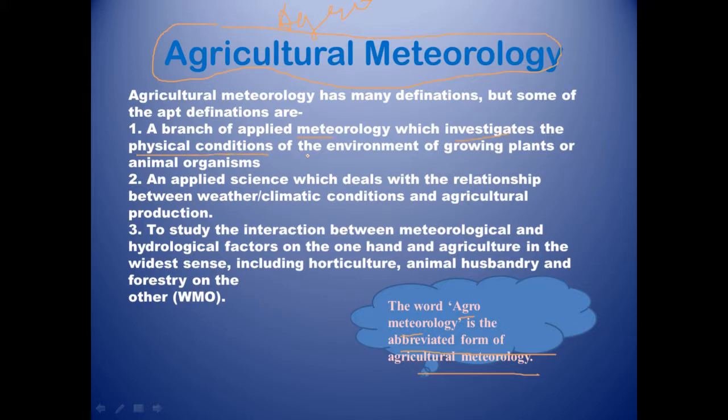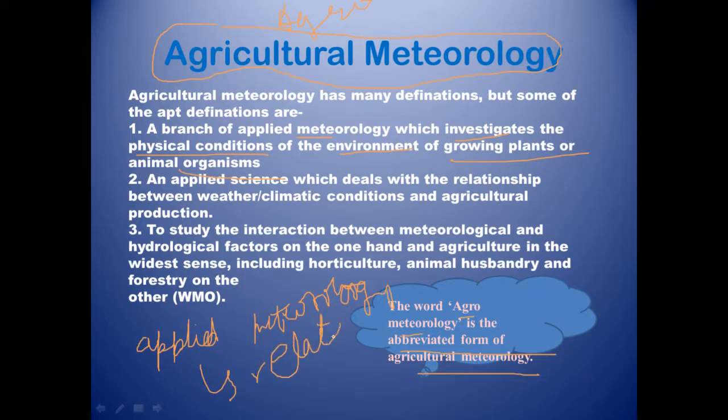It is a branch of applied meteorology which investigates the physical conditions of the environment of growing plants or animals or organisms. It studies the meteorology which is related to agriculture, which includes plants and animals.